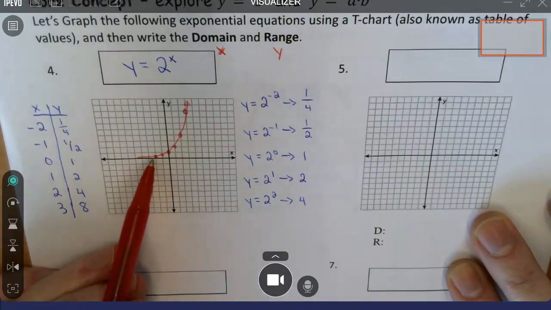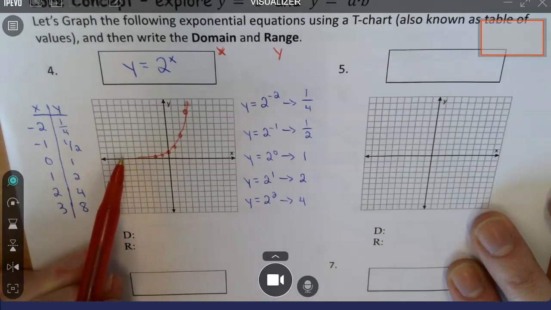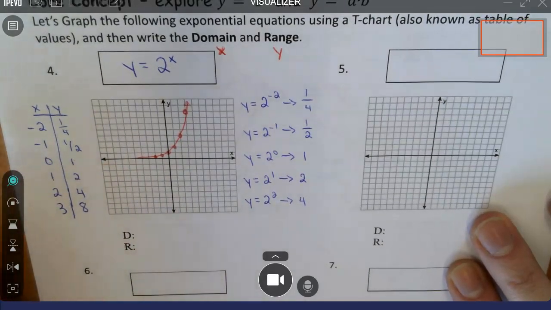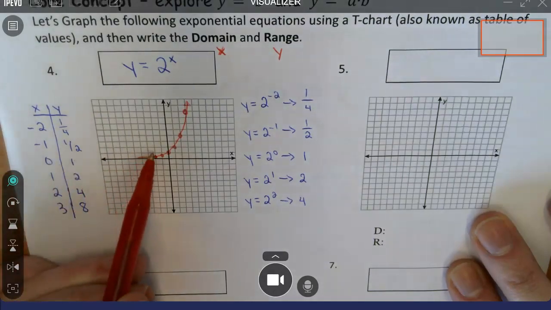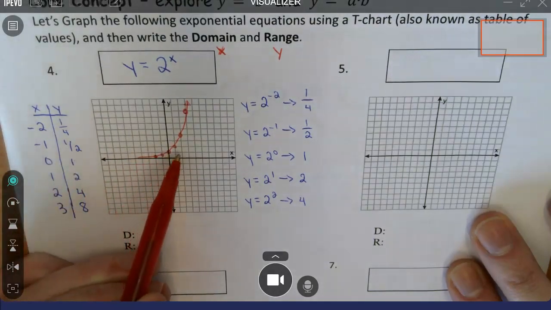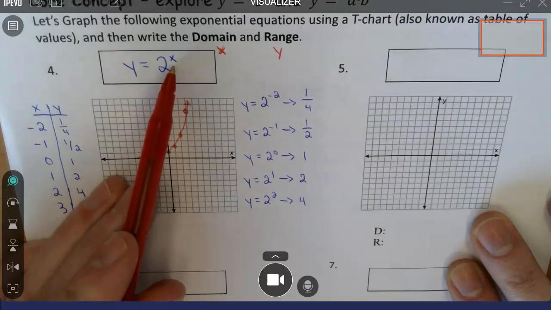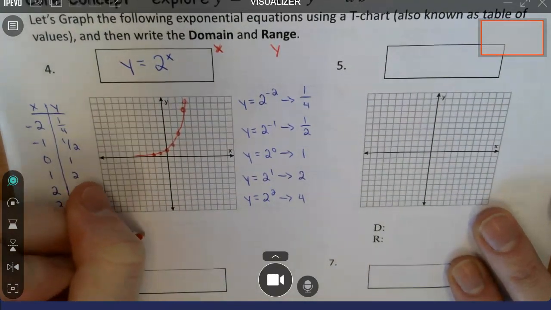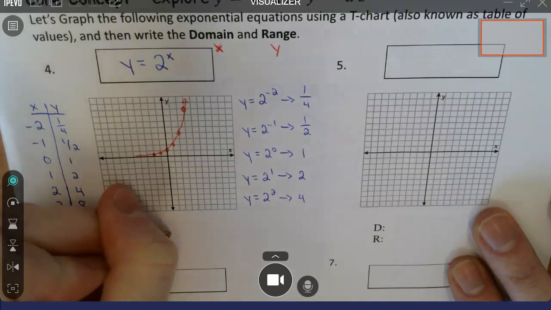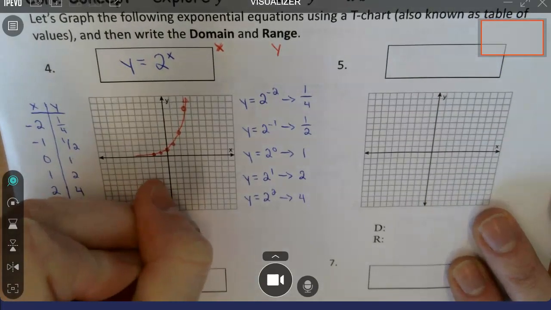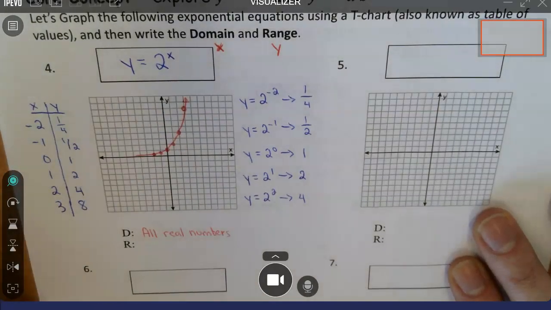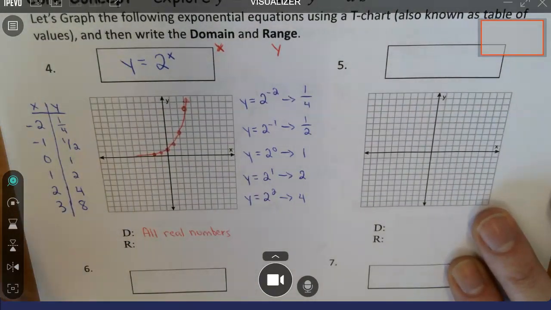Well, this graph is going to continue to go left forever, which means I can keep going left and left and left on my x-axis. As I come back to the right, I can keep plugging in any x value that I want, which means that my domain, or my x values, are all real numbers, because I can pick any positive x or any negative x that I want.